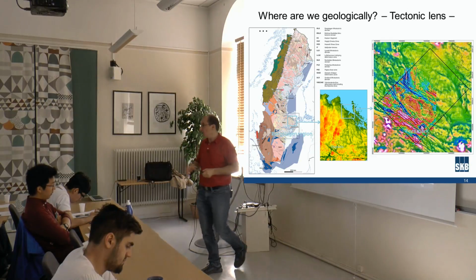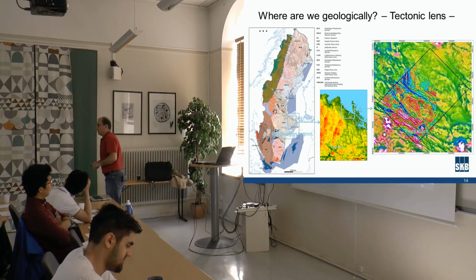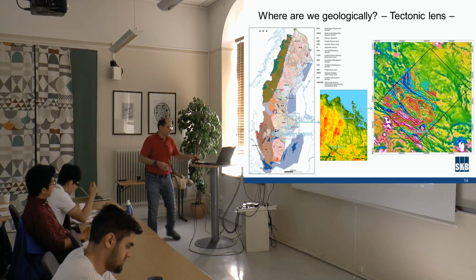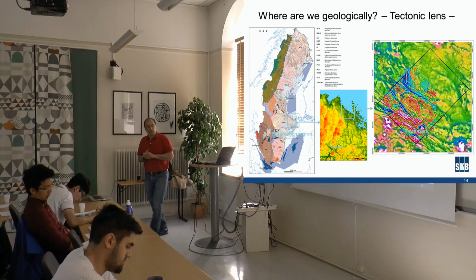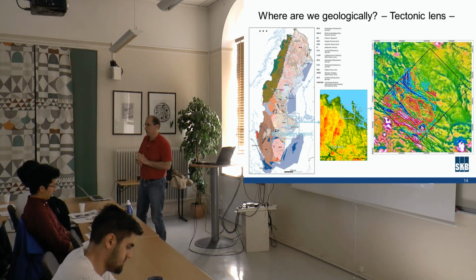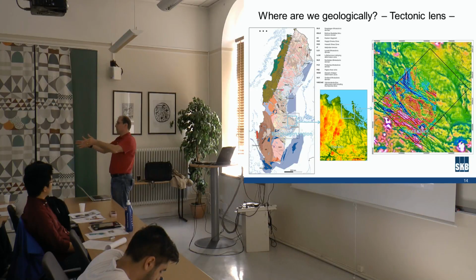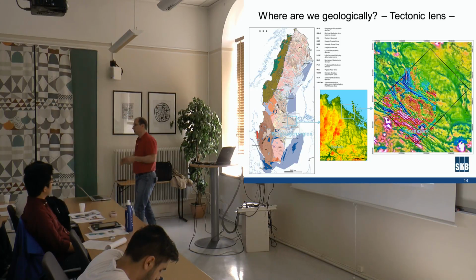And what is a tectonic lens? Yeah? What kind of depth can be resolved with this method? Very good question. It's not very deep. Tens or maybe up to 100 meters. It depends on the spacing between the profiles, because they're flying and measuring continuously, but the spacing between the profiles is 200 meters.